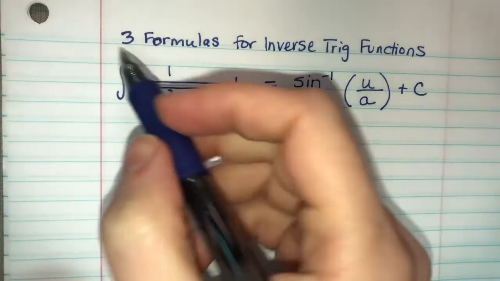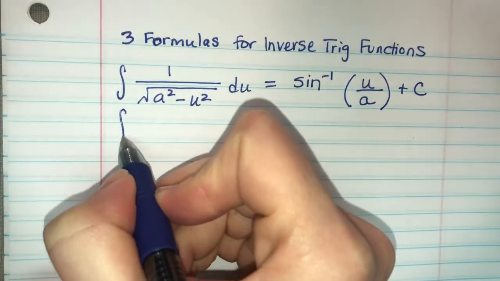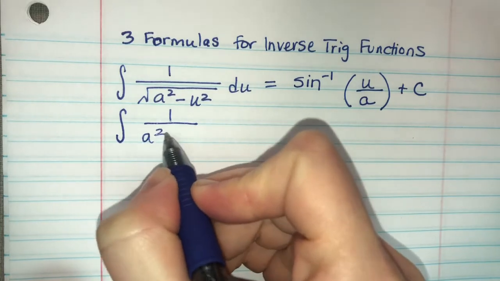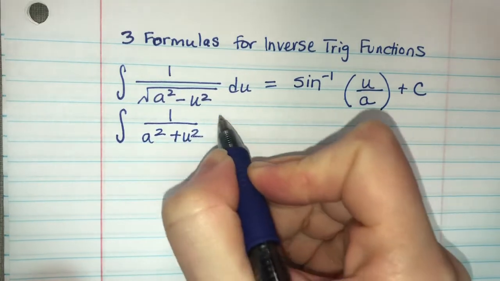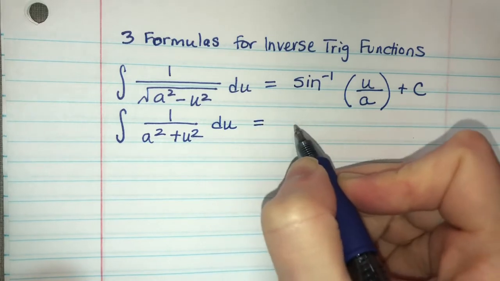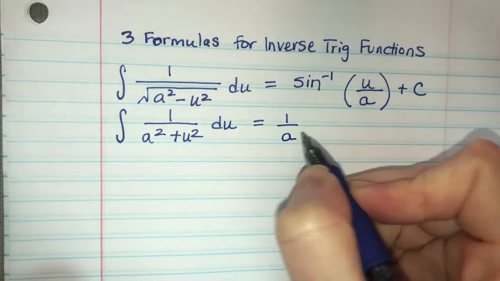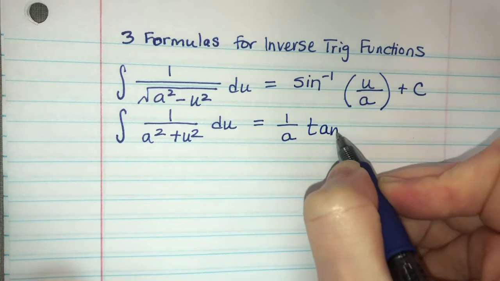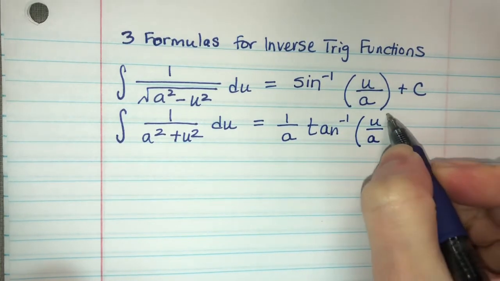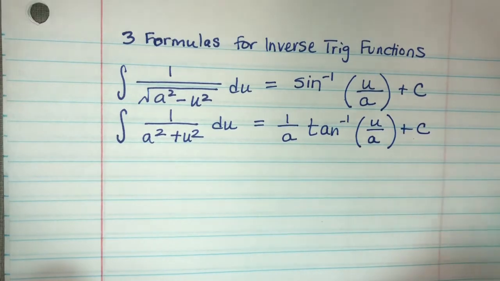The next one is the integral of 1 over a squared plus u squared du. And this one is going to equal 1 over a times the inverse tangent of u over a plus c.